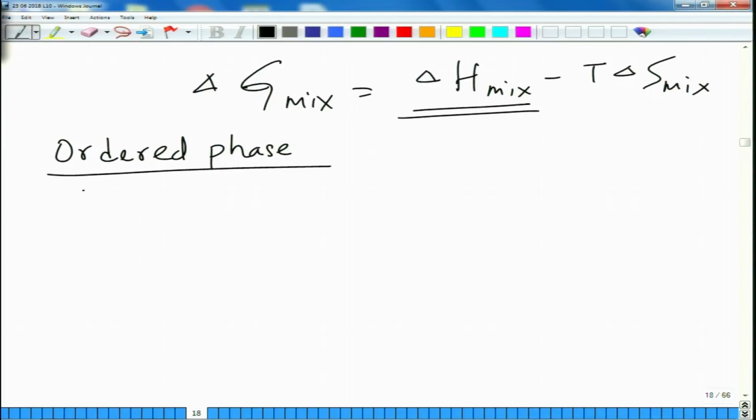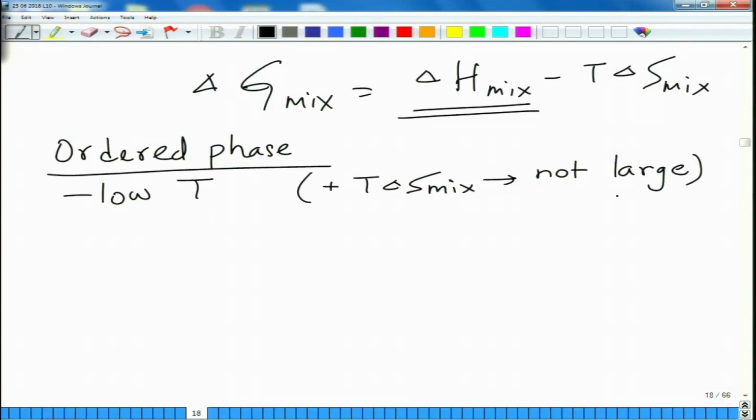So, as far as the ordered phase is concerned, it is stable generally at low temperature, and for it the minus T delta S mix term is not large, but delta H mix is less than 0. So, it typically happens at lower temperatures when delta H mix is lower, T delta S mix is not large, and in comparison to the disordered phase, the delta H mix term of this phase dominates.